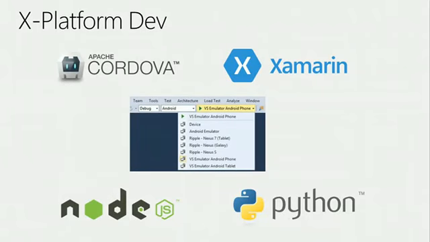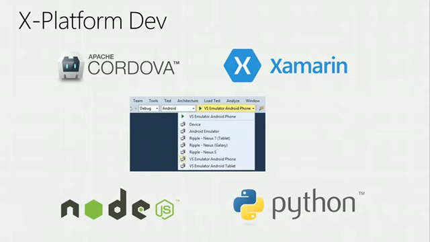But that's not to say that other platforms aren't also embraced within the Visual Studio IDE. We have cross-platform development support for things like Apache Cordova and Xamarin, each of which enable you to write applications that will run on Windows Phone, but also on iOS and on Android devices.